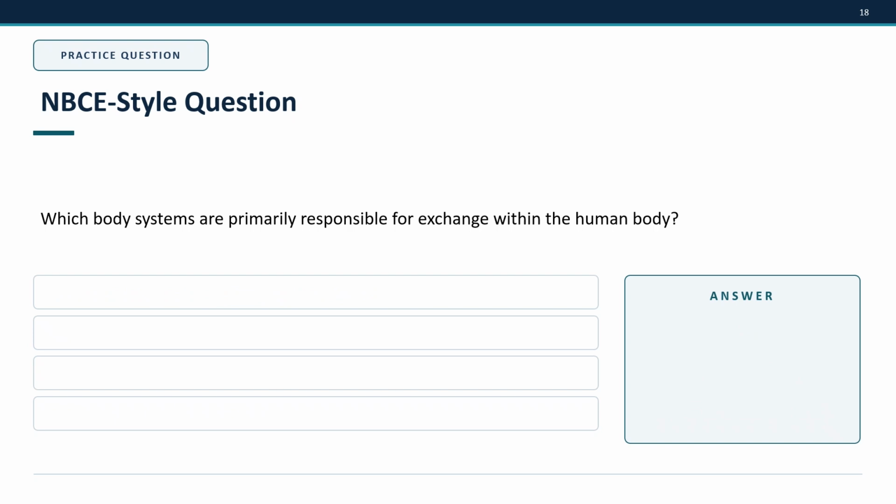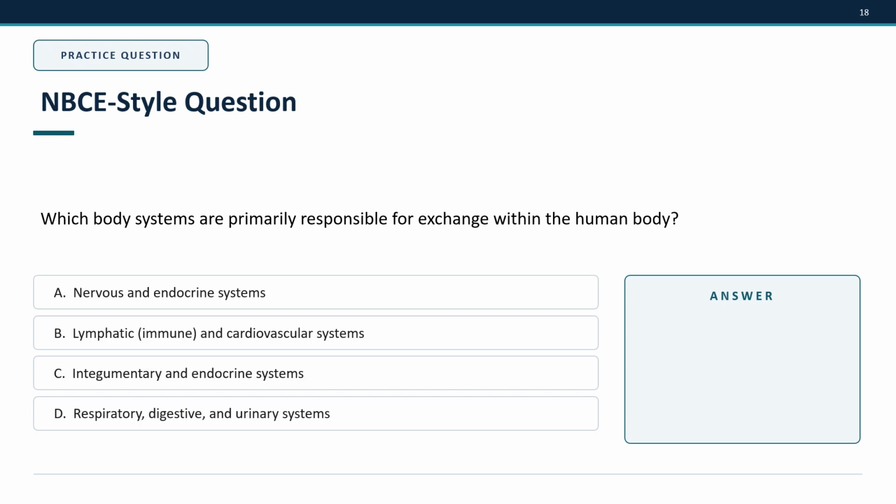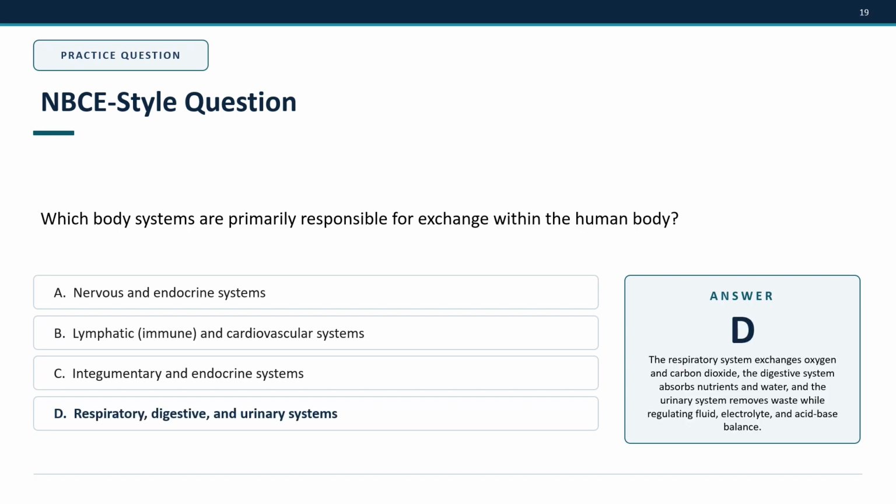Next question, which body systems are primarily responsible for exchange within the human body? Take a minute. Hopefully you get answer D, the respiratory system, the digestive system, and the urinary system. So the respiratory system, these are really your lungs and airways. This is going to exchange oxygen and carbon dioxide.